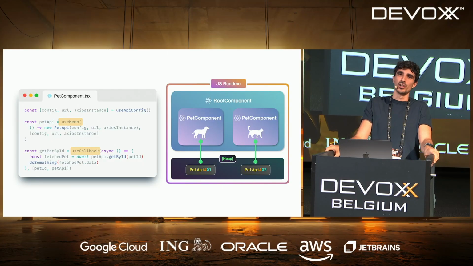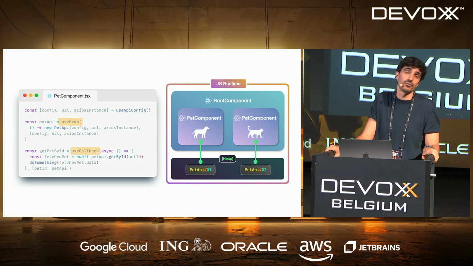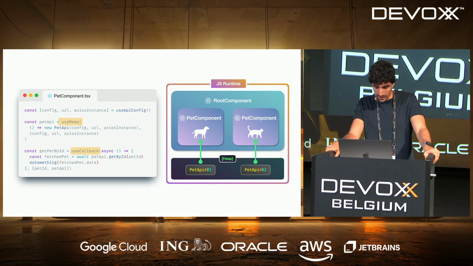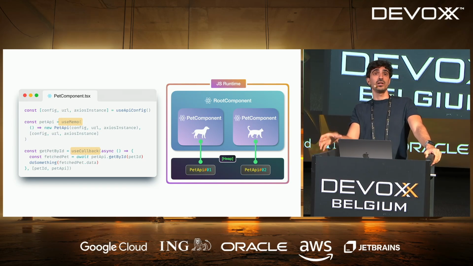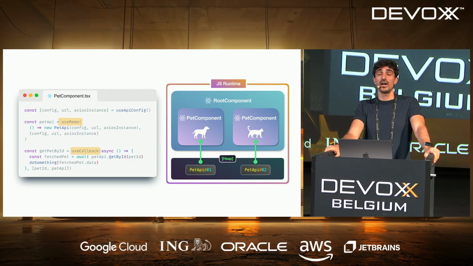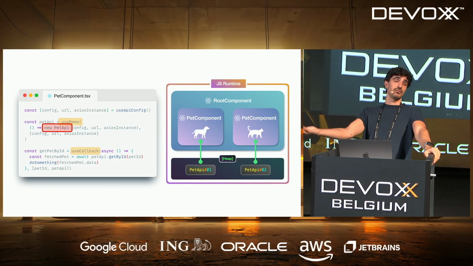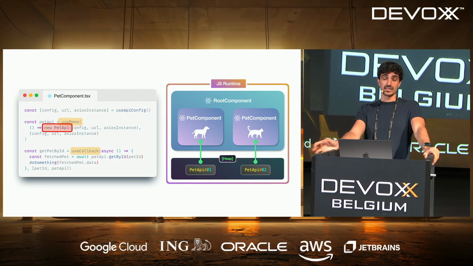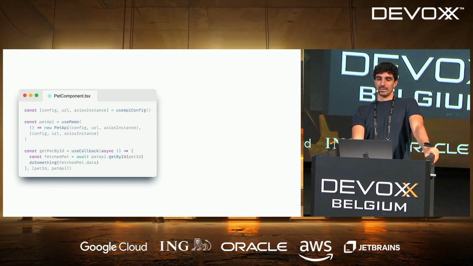So maybe it's not ideal because developers can even forget, and they think that maybe their component is stable enough, but when it gets re-rendered, new requests are fired, right? So not very ideal. And the elephant in the room, as I said before, is the use of new instances every time we mount one of these components, right? So let's focus now.